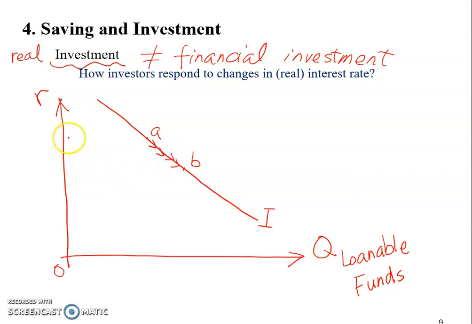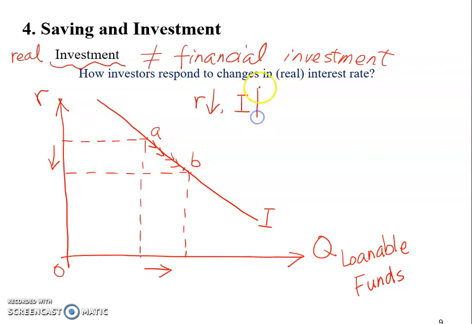If we move down along this curve from A to B, you would find that on the vertical axis, the real interest rate decreases, and on the horizontal axis, you find that the investment is increasing. So R decreases, which leads to an increase in investment. Does this make economic sense?